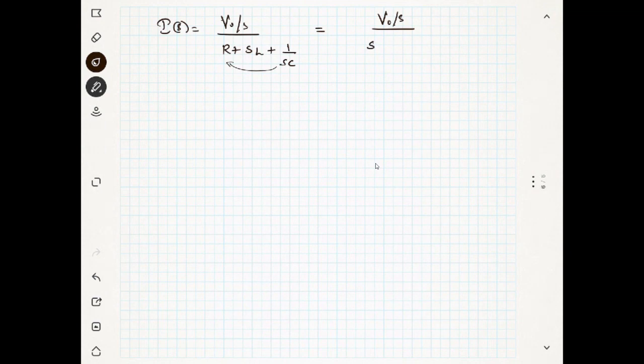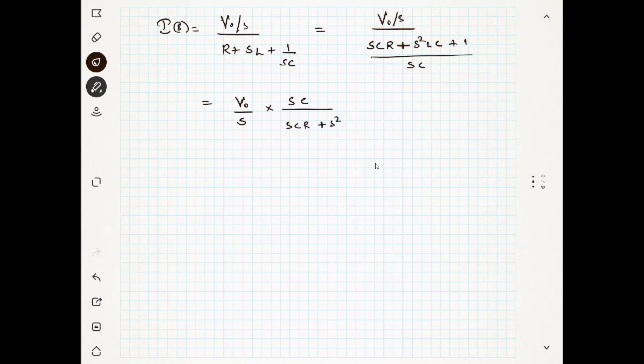Multiplying the denominator by SC, this becomes S square LC plus SCR plus 1, and the numerator is V naught over S multiplied with SC. So the S will cancel.